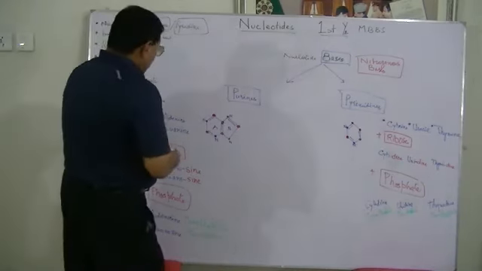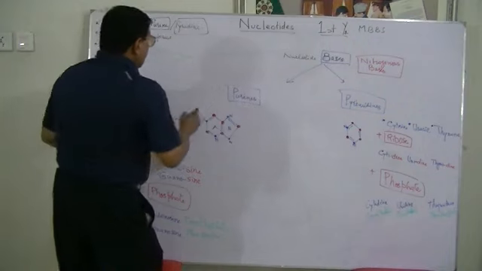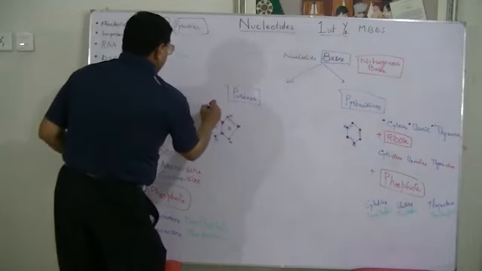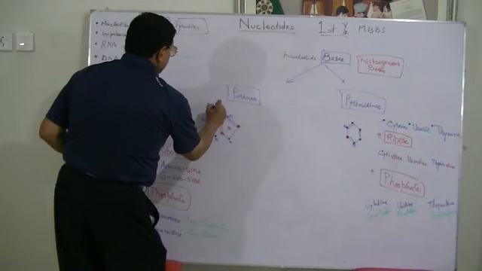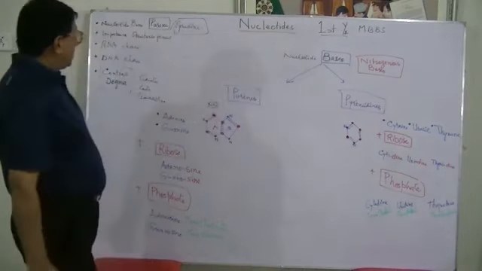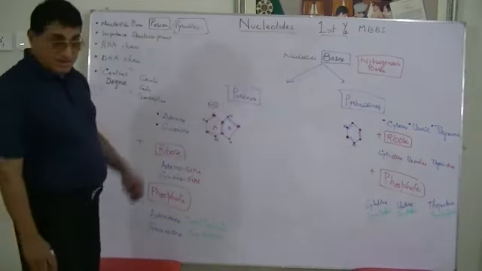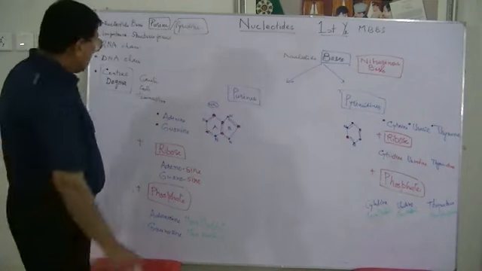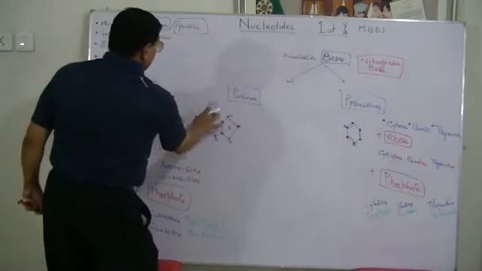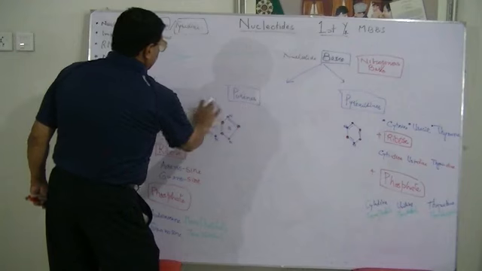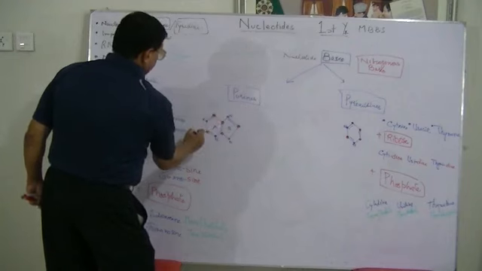For example, when there is amino group over here, this is adenine, right? And when there is amino group attached over here, it is guanine.